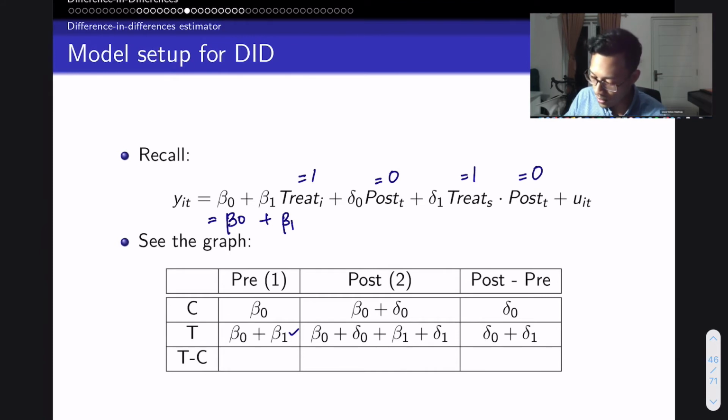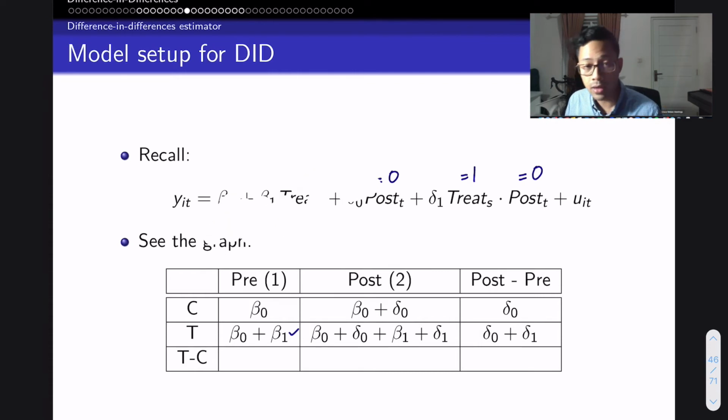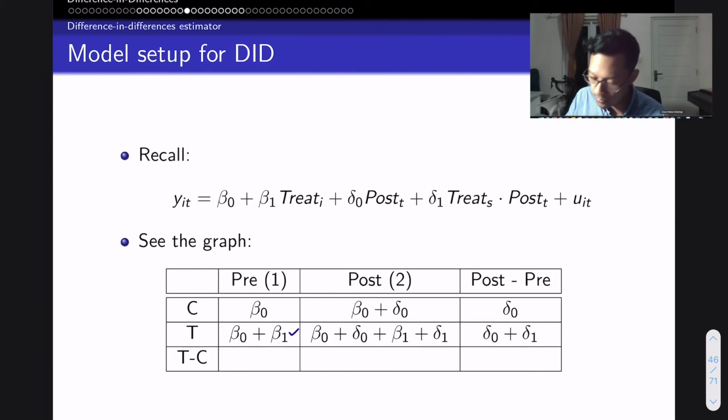Okay, now what is going to be the average outcome of the treatment group after the program was implemented? Well, in this particular case, the value of the binary variable is going to be 1. For observations after, it's going to be 1.